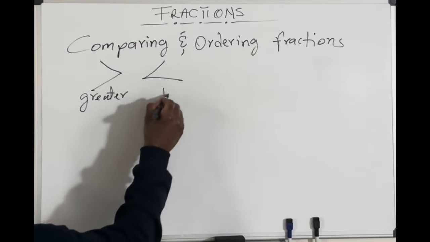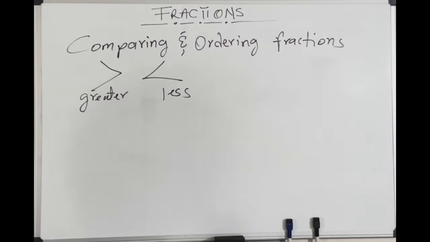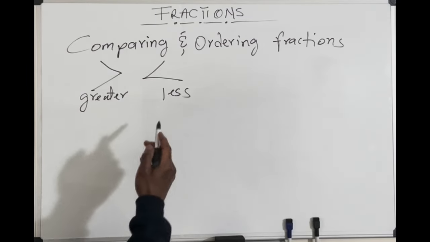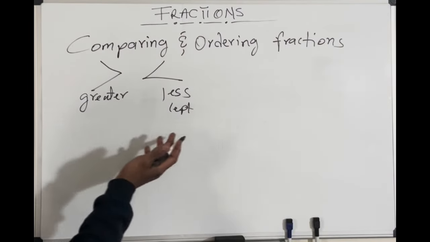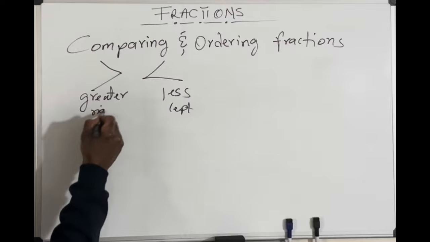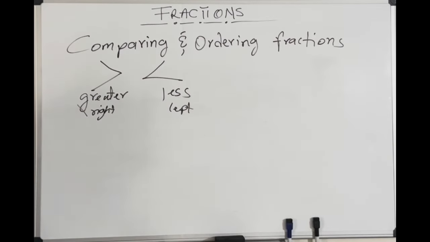Because what we are taught is the left hand is always of less importance compared to the right hand. So the right hand is always greater than the left hand. Also, what you could use to remember is L stands for left, so left hand, and definitely if it's not left hand, it's right. So right hand is greater, left hand is less.